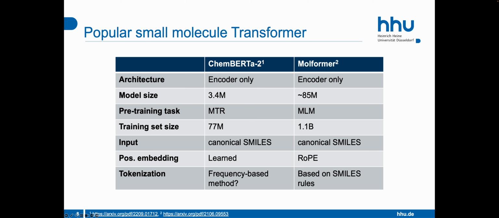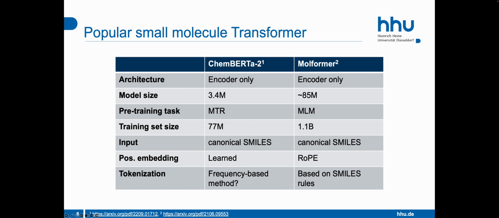The training dataset for the MoLFormer was also much bigger, with over 1 billion different SMILES strings. And both models used canonical SMILES, which is, as we have seen, a method to generate a unique SMILES string for a given molecule. The ChemBERTa-2 model uses learned positional embeddings, whereas the MoLFormer uses the RoPE embeddings that we've just seen a few slides ago.